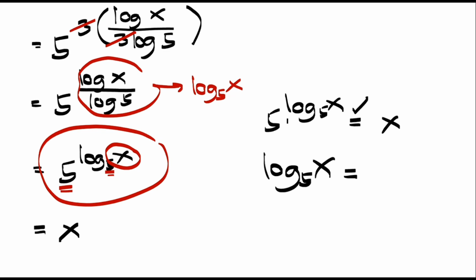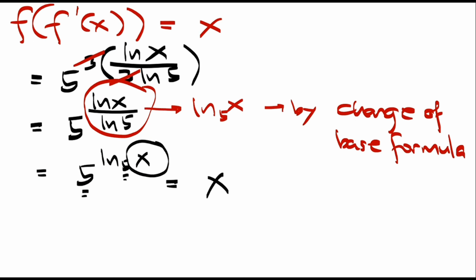So the exponent of 5 here is logarithm of x to the base 5. And we see that these two expressions are equal. And that proves that this exponential expression is really equal to x. And we have verified that the composition rule for this one is equal to x.